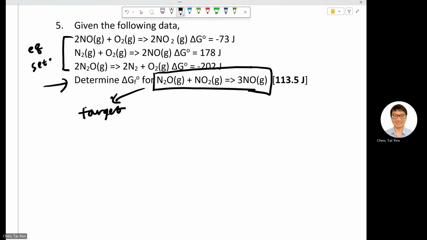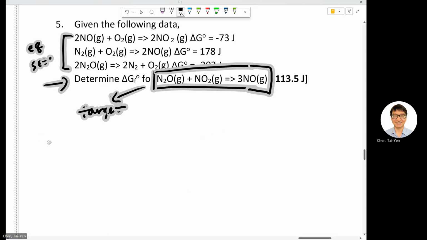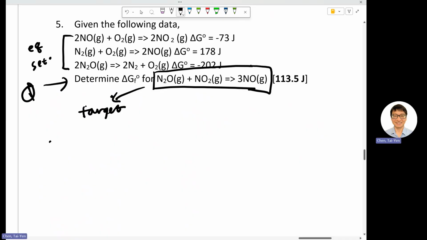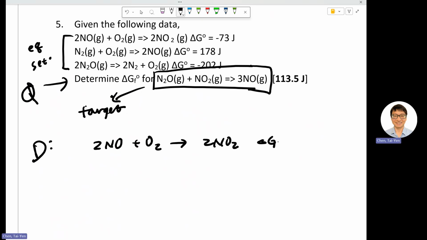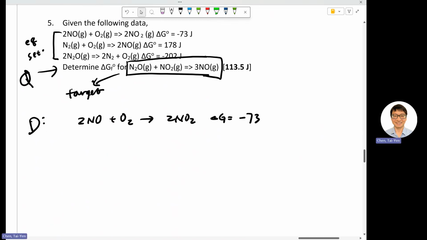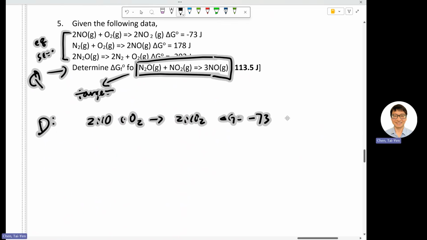So let's do this. That's your data. You have three equations, right? 2NO plus O2 gives you 2NO2, delta G equals -73. Let's say this is our equation number one.